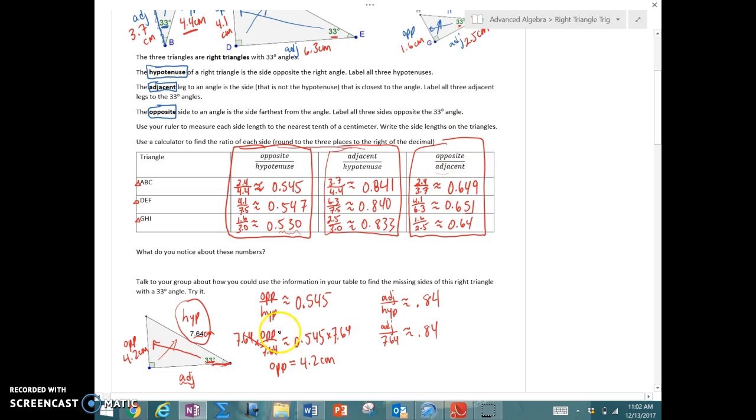You could have, but since we did some rounding in the middle situation, I always default back to the one side length that they give me, because it'll be more accurate. So I'm going to multiply both sides by 7.64 as well, and I get that the adjacent side length then is about 6.4 centimeters. And I can label that. So now I know all the side lengths of that triangle, even though in the beginning I only knew one angle and one side length.